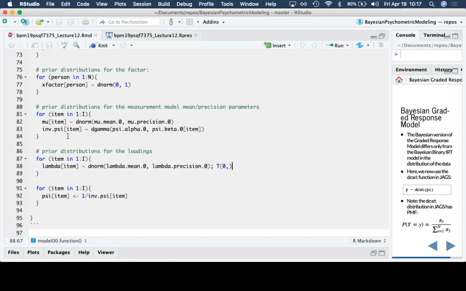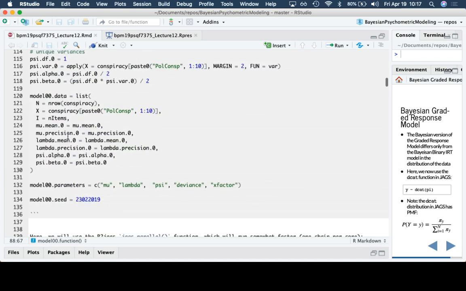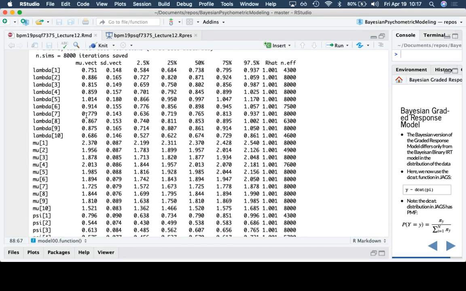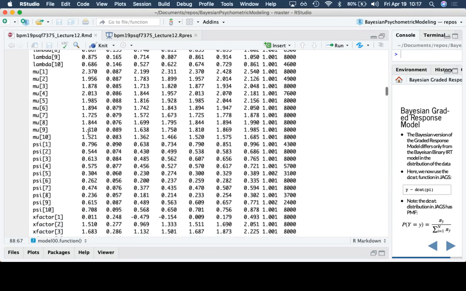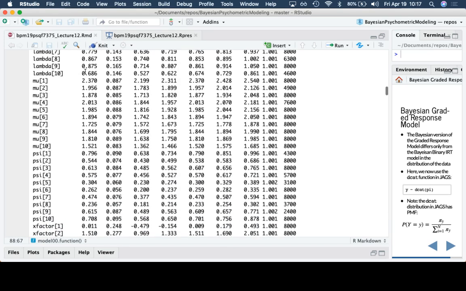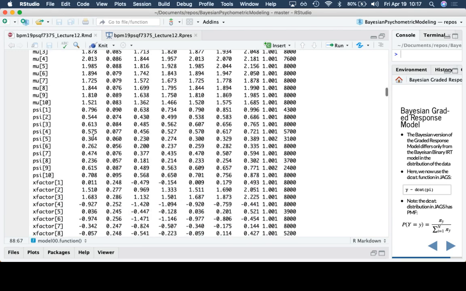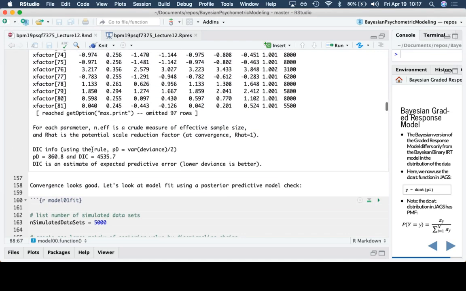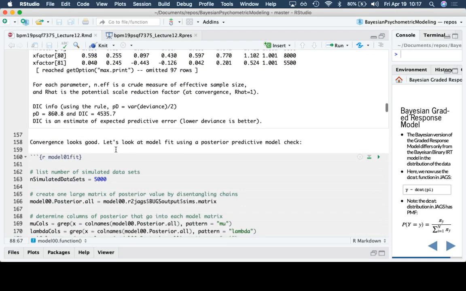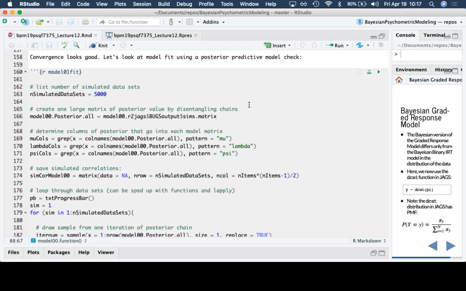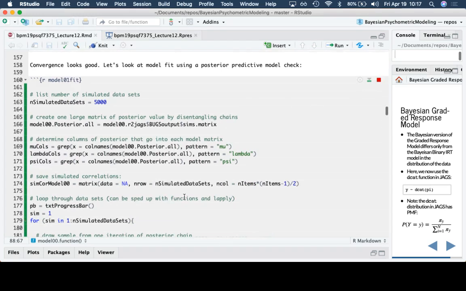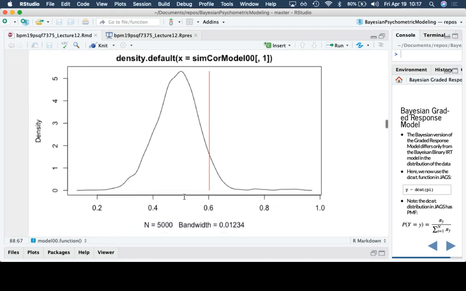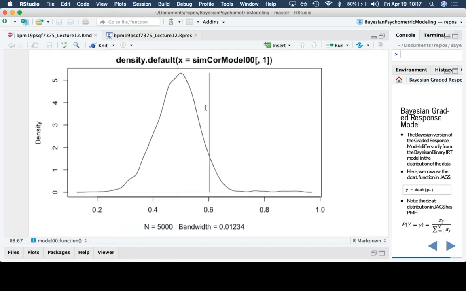I wanted to standardize it because I want to compare this really quickly. Here were our results. Factor loadings with the means. EAP estimates of factor loadings, item intercepts, unique variances, factor scores. And we have our DIC. Sound good? We also have the beautiful model fit using posterior predictive model checks. Again, here's the example.